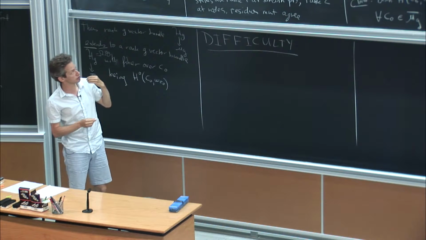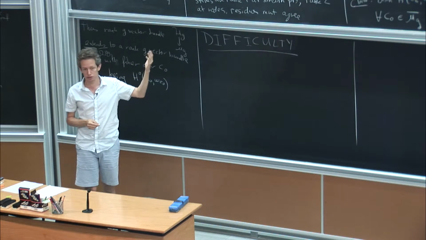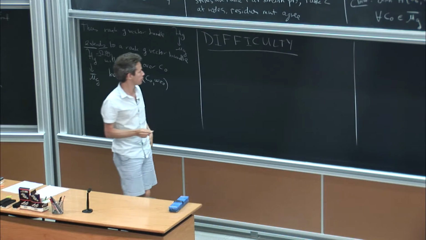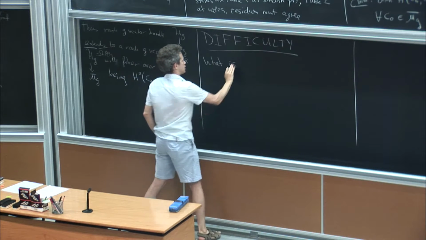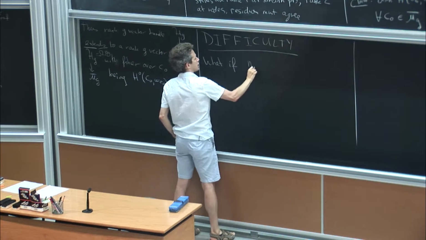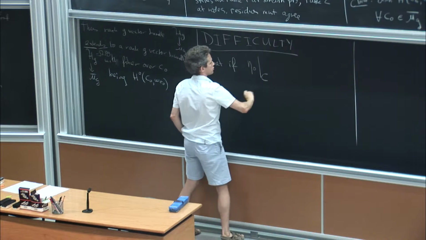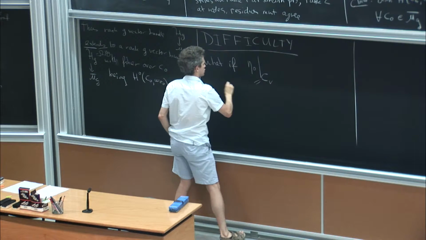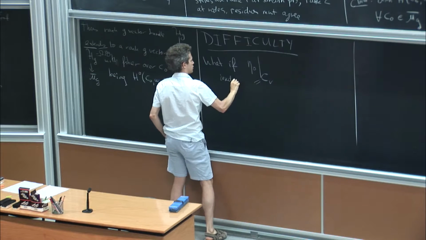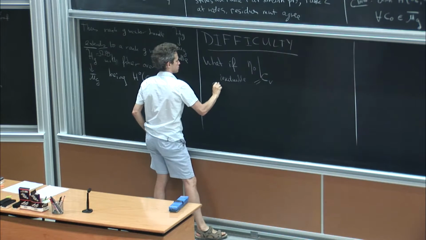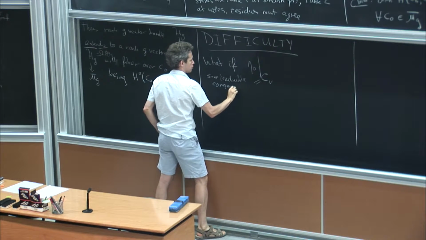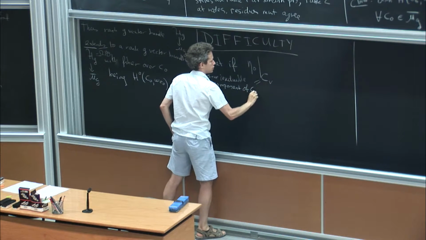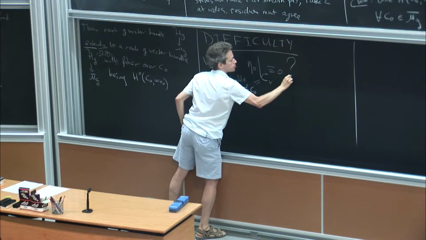And you want to know whether a limit point lies in the closure of your favorite stratum H_g(m_1,...,m_n). So the difficulty is only one. What if I take t to 0 and restrict it to some irreducible component of C_0, what if this is identically 0?